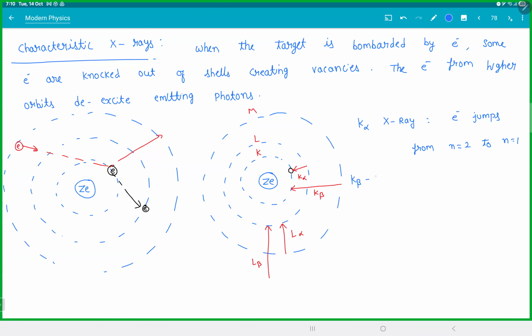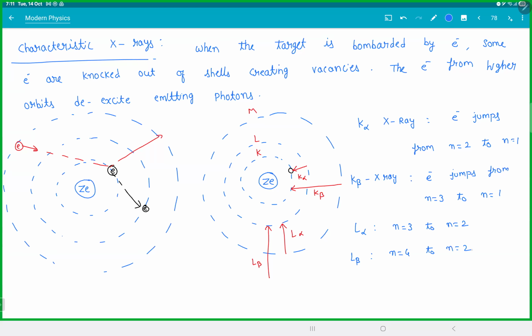So K beta, the electron jumps from n equals 3 to n equals 1. L alpha is n equals 3 to n equals 2 transition. L beta is n equals 4 to n equals 2 transition.